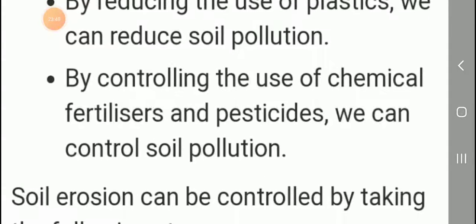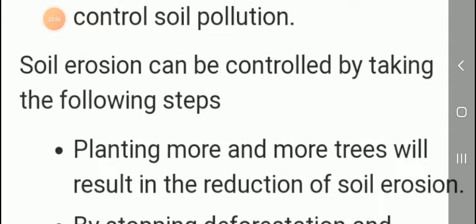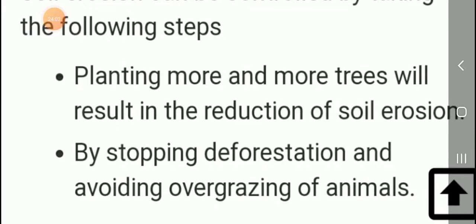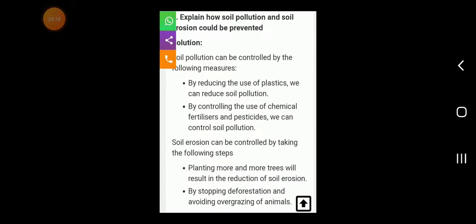By controlling the use of chemical fertilizers and pesticides, we can control soil pollution. Soil erosion can be controlled by the following steps. Planting more and more trees will result in the reduction of soil erosion, by stopping deforestation and avoiding overgrazing of animals. That's all.